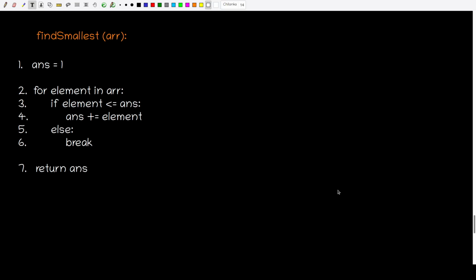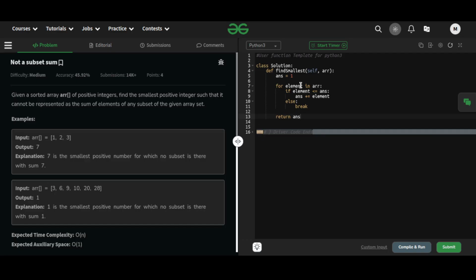Now let us see how we have implemented this in Python and C++. So first let us look at the Python implementation. Over here answer is equal to 1, and then we are iterating on the elements of the array. If element is less than or equal to answer, which simply means the smallest positive integer can be represented by the elements of the array so far, we find the next smallest positive integer, given by answer equals answer plus element.